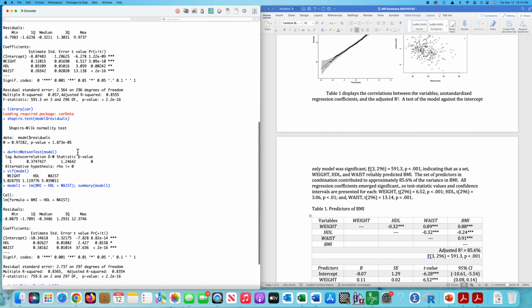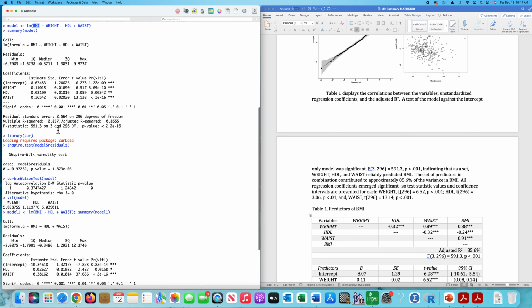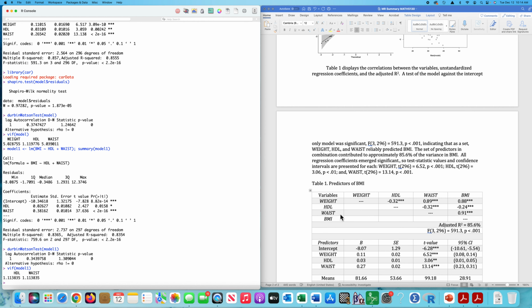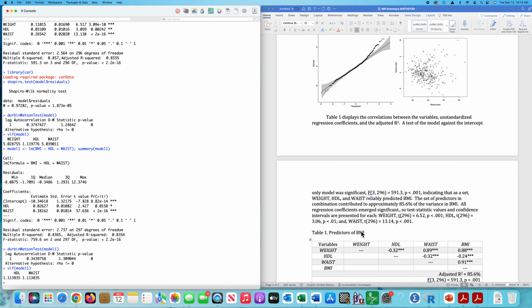Maybe I just scrap the model and try to find another way to describe the relationship. But right now, this is concerning, and it would be really difficult for me to proceed with this model. But if I did, I would definitely proceed with just waist, and I would not include weight.